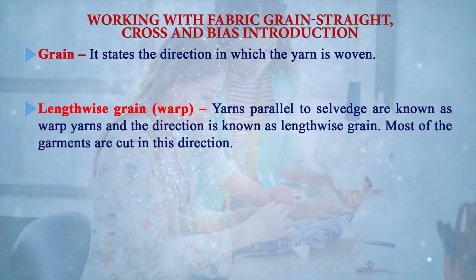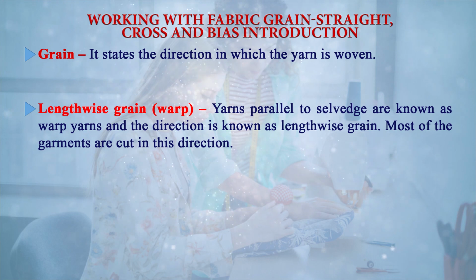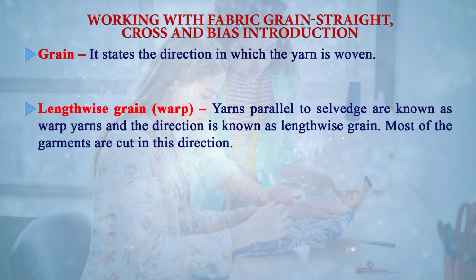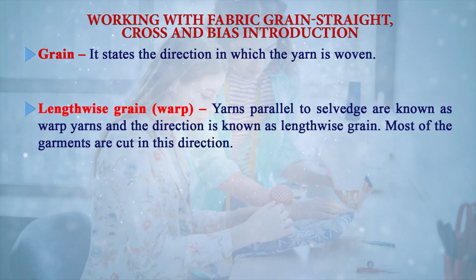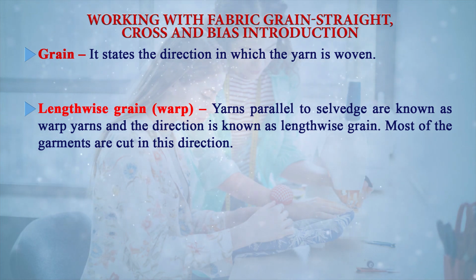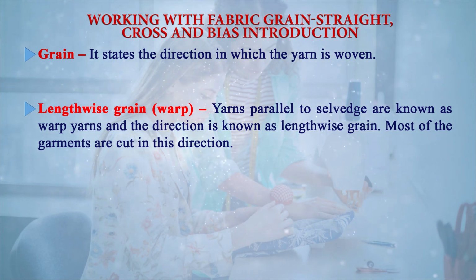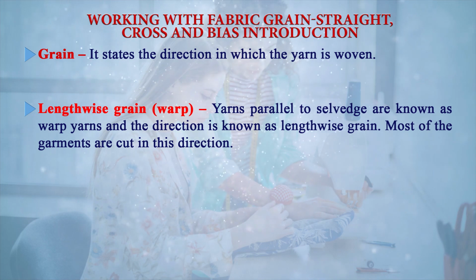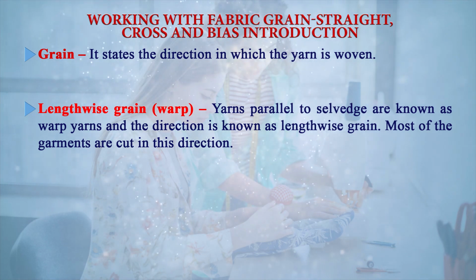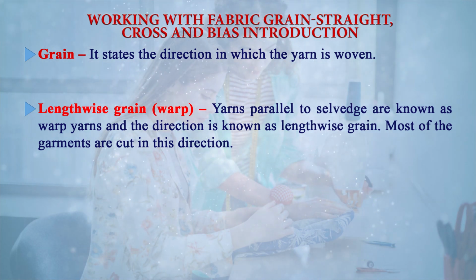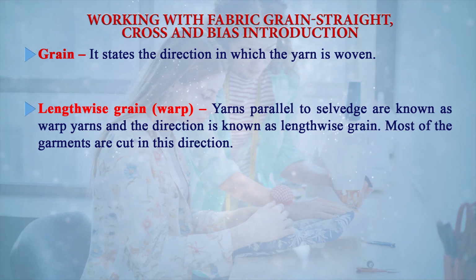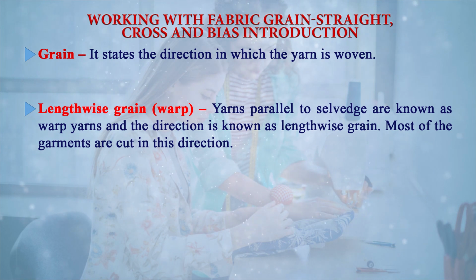The lengthwise direction or grain of the fabric is also called the warp. Generally we have 2 yarns, warp yarn and the weft yarn. Lengthwise grain or lengthwise direction is called the warp yarns. The yarns which are parallel to the selvage are known as the warp yarns, and the direction is known as the lengthwise grain.